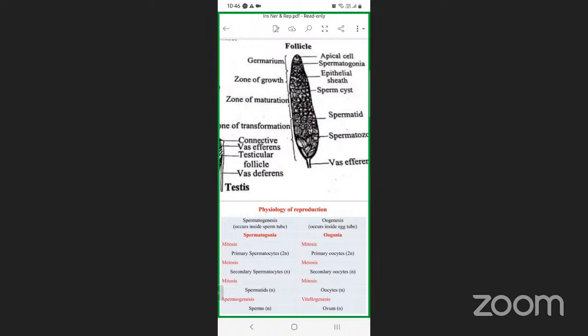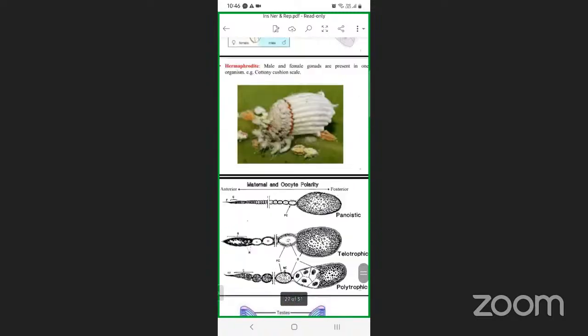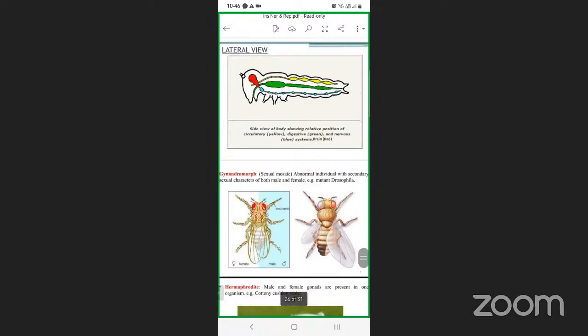Spermatogenesis is also sometimes like this. Here in oogonia also it is the same, primary, secondary, and they undergo vitellogenesis.